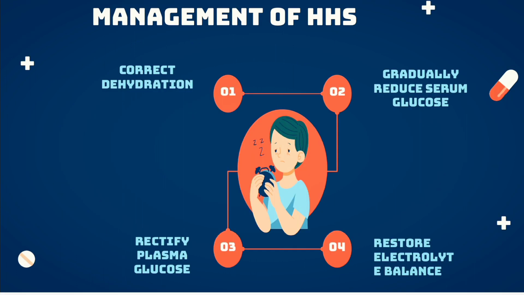So let's see how we can manage a condition of HHS in a patient. As we have already seen, a severe dehydration-like condition is present in HHS, so we need to correct this dehydration.